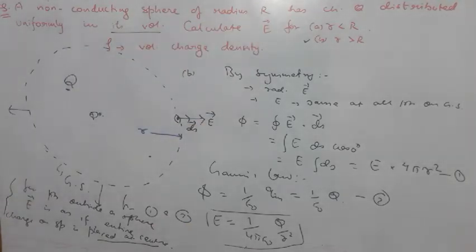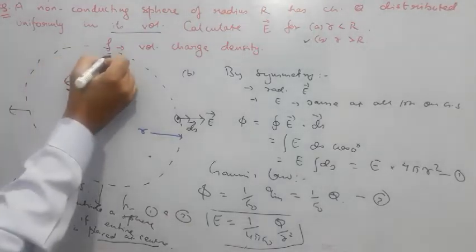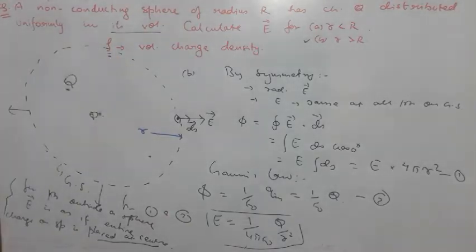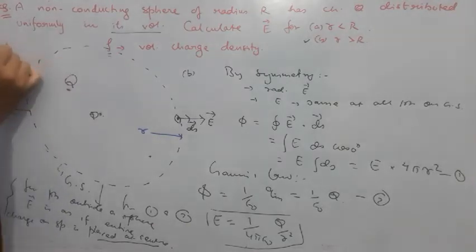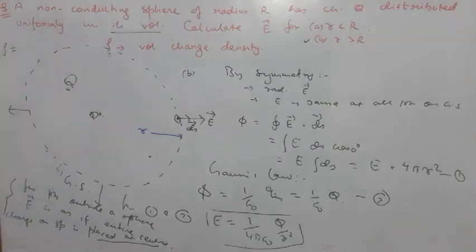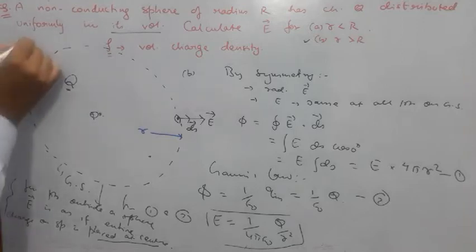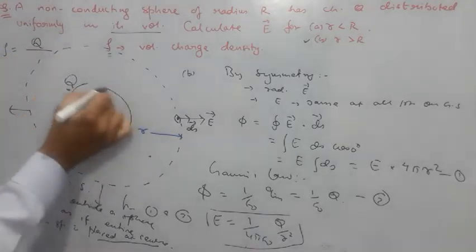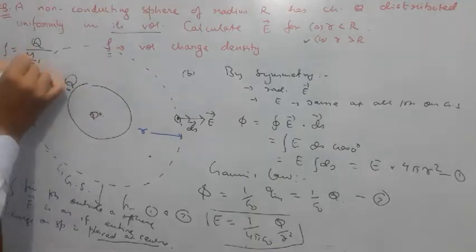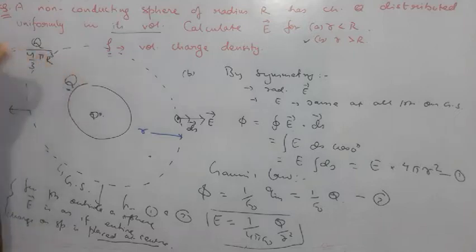Before that, if in the question you are given rho, then you should know how to convert between Q and rho. What is rho? Rho is volume charge density, charge per unit volume. So total charge is Q, and that is distributed over how much volume, students? Over the entire volume of the sphere. This was the sphere. So its volume will be 4 by 3 pi R cube. So this is our rho.